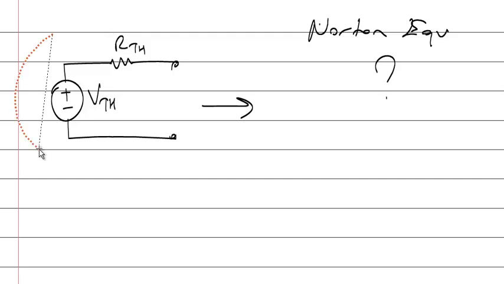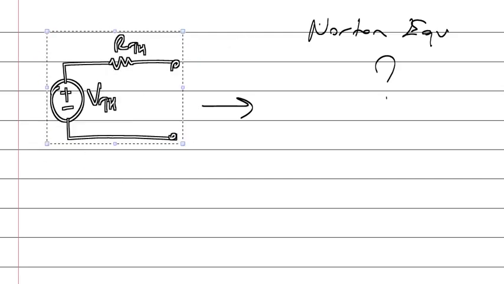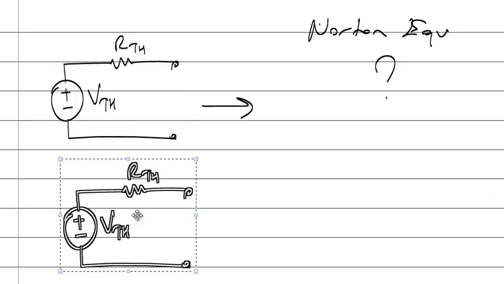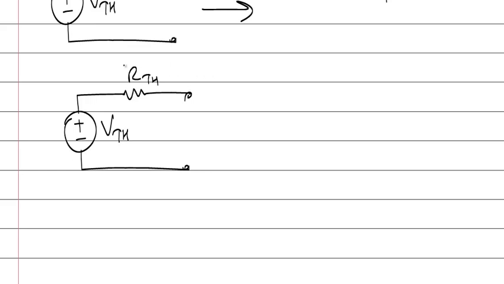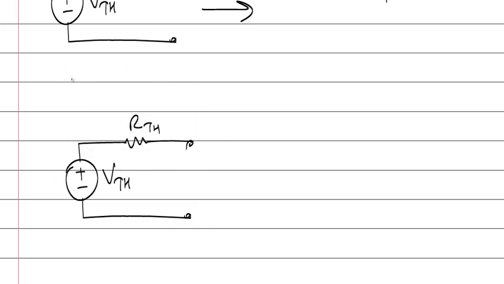To calculate the Norton's equivalents, we have to do 2 steps. Step 1 is to calculate I Norton. And to calculate I Norton, we make a short circuit.